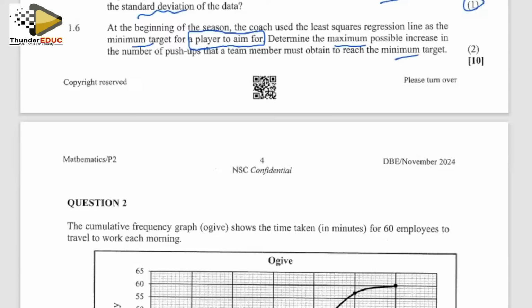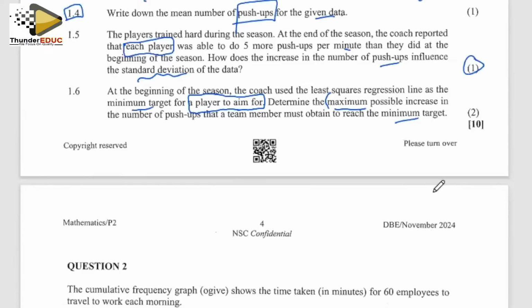So what we're going to do in this case, initially in 1.4, we saw that the mean or the average was 35,8 push-ups.